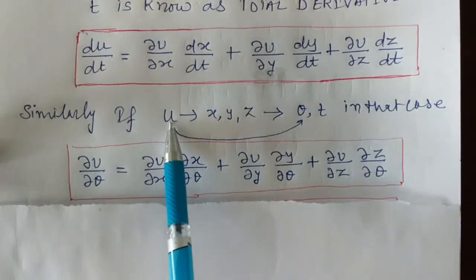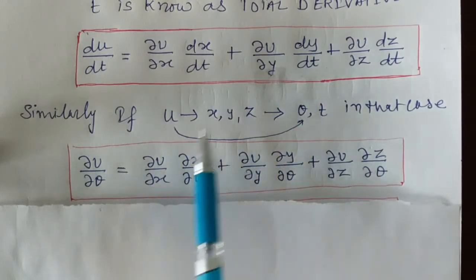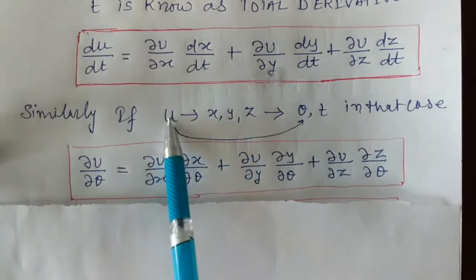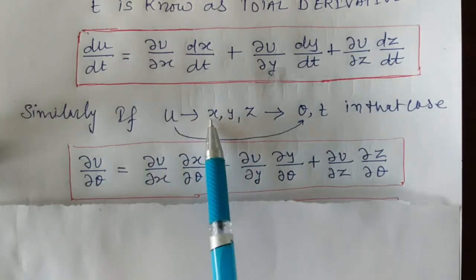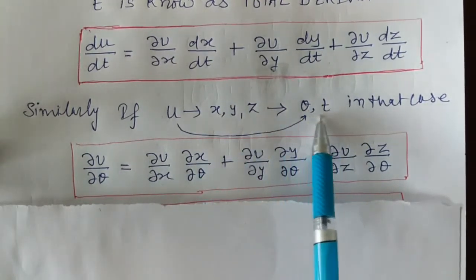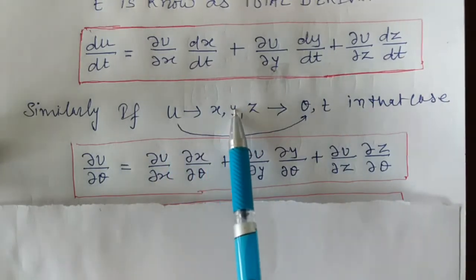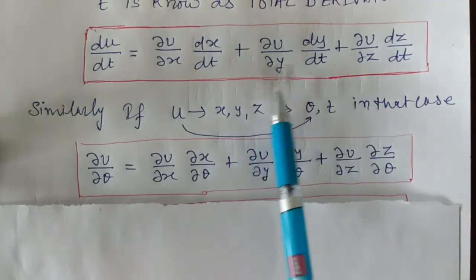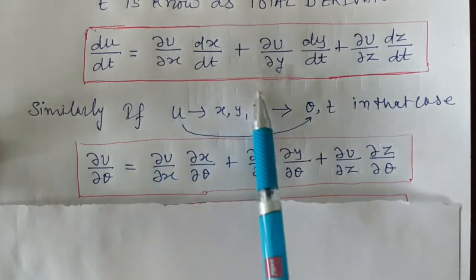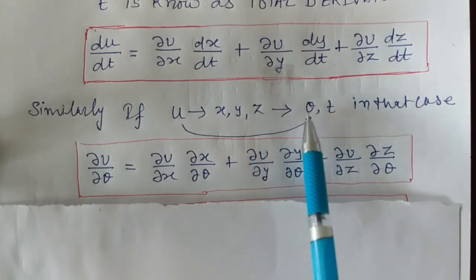And here in the third place we have two independent variables, so we use partial differentiation. We get del u by del theta, which is equal to del u by del x into del x by del theta, because x is a function of two independent variables, plus del u by del y into del y by del theta, plus del u by del z into del z by del theta.